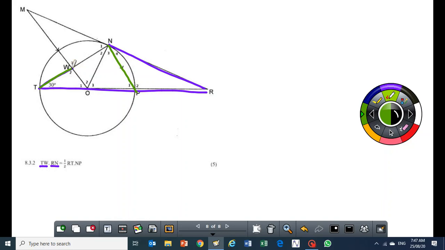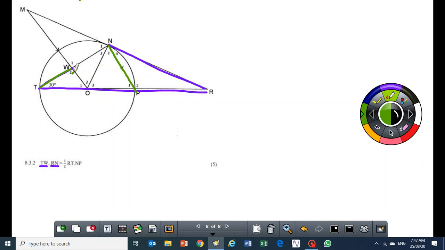So we have got that, and this TW is going to be in green, which means my two triangles there are going to be, maybe I can call them, triangle TRN and triangle TNP. So I'm going to prove similar triangles there. But before I do that, because TW is part of TN, I'm going to prove first that angle W2 is equal to 90 degrees.